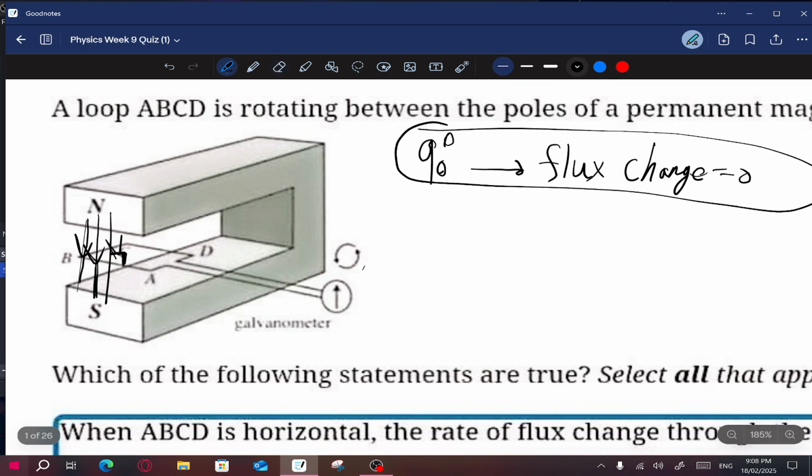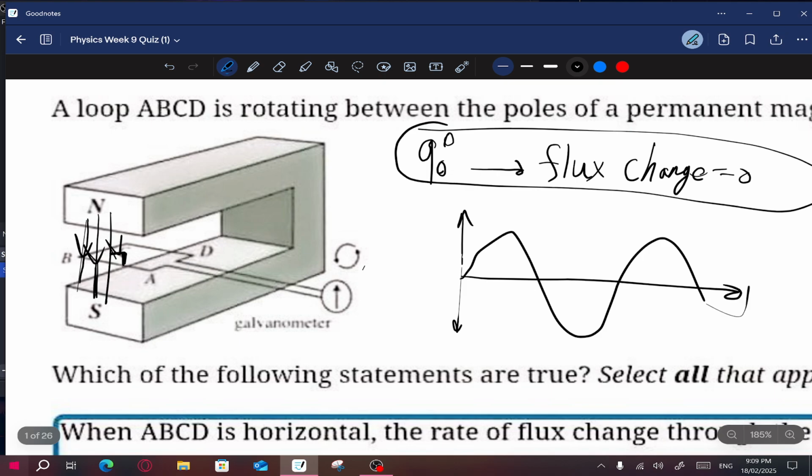As you can see, it goes from positive to negative to positive and over to negative. It's just a regular sine curve. So we can conclude that the rate of the flux change through the loop is 0 when it's horizontal. The current generated is called alternating current, and it changes its direction twice every complete rotation.